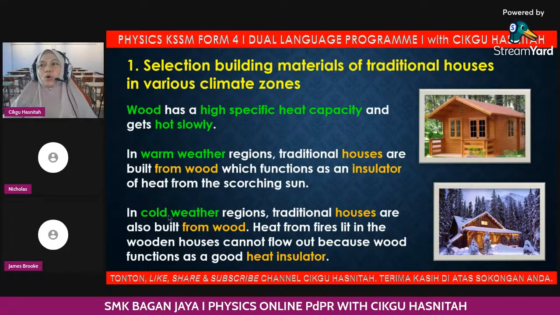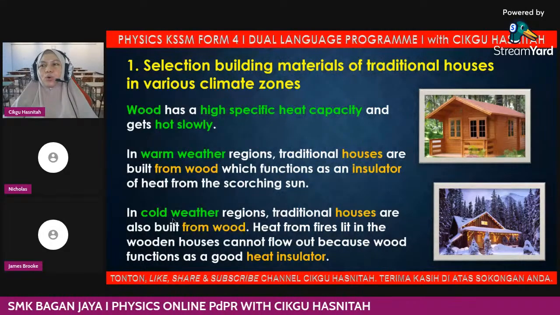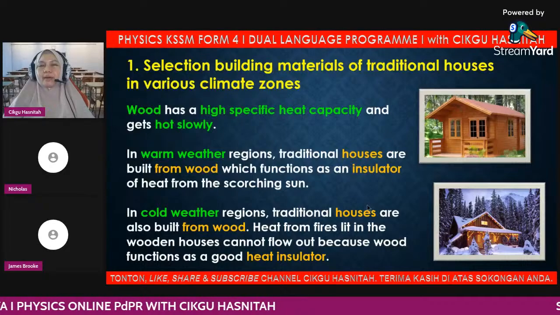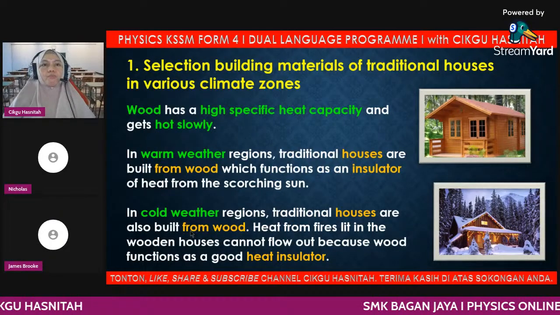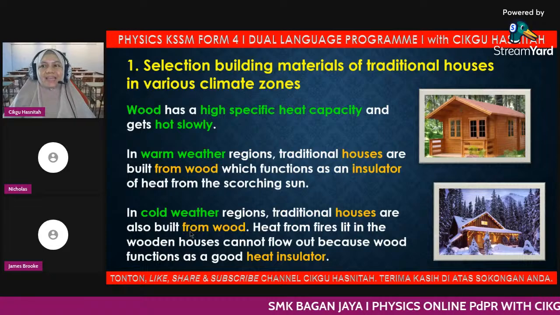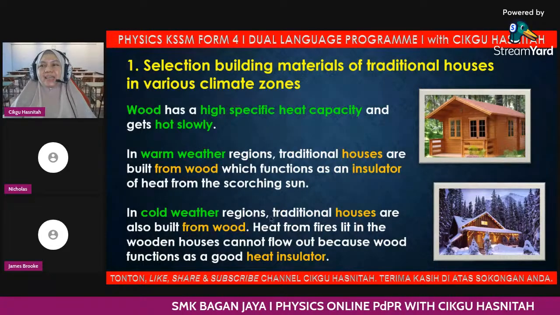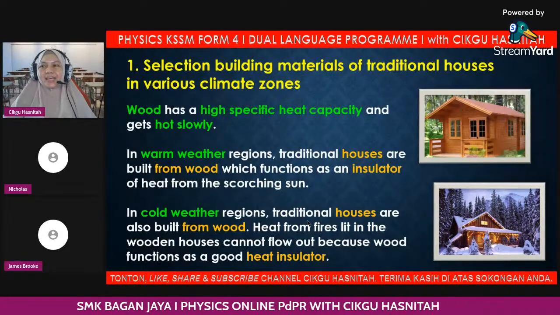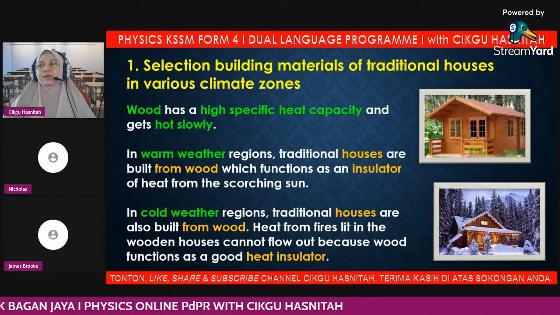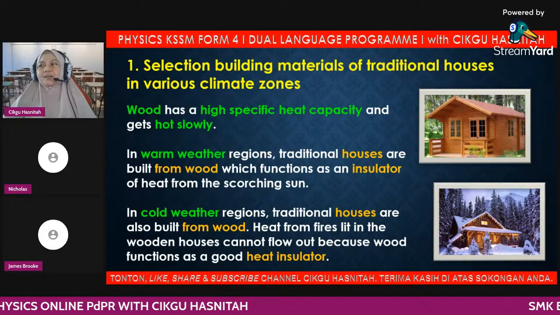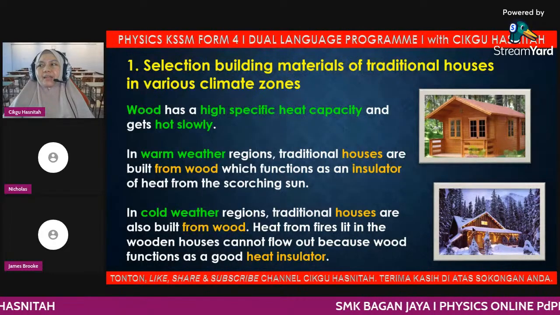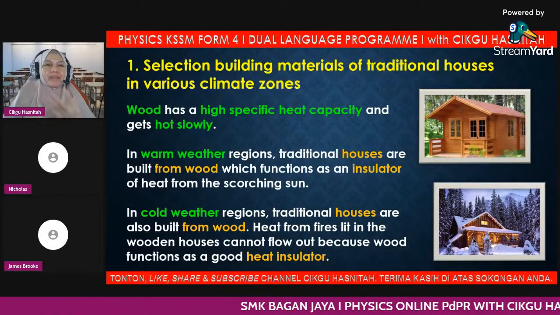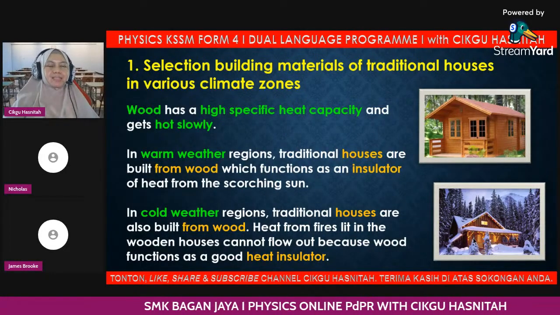But now in cold weather regions, kawasan yang beriklim sejuk, their traditional houses are also built from wood. Again, the wood here is acting as a good heat insulator. If you look at these houses in cold places, what do the people inside normally do to warm themselves? Dia buat apa untuk panaskan diri?